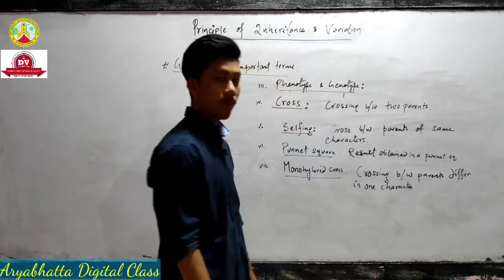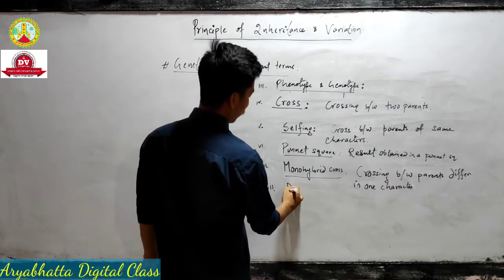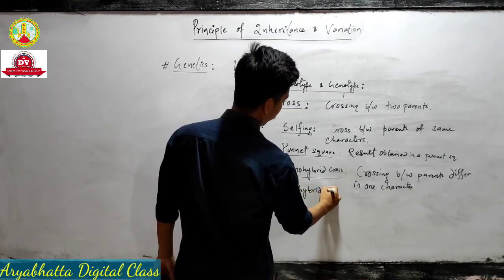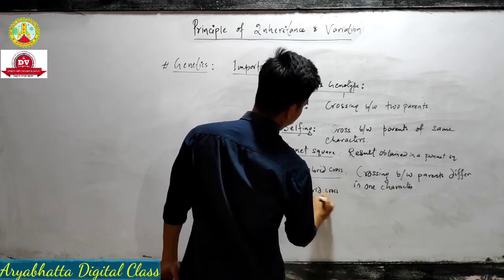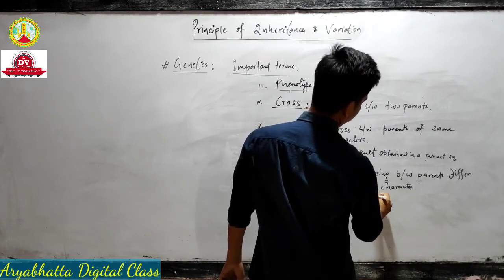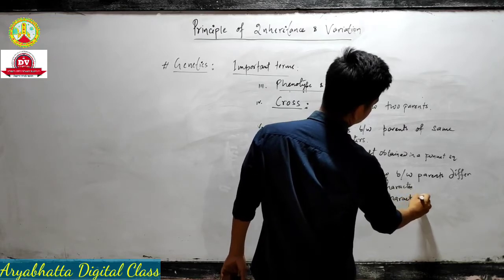Then we have dihybrid cross. What is dihybrid cross? It is the crossing between parents that differ in two characters. You will understand, don't worry, when we do the sums.